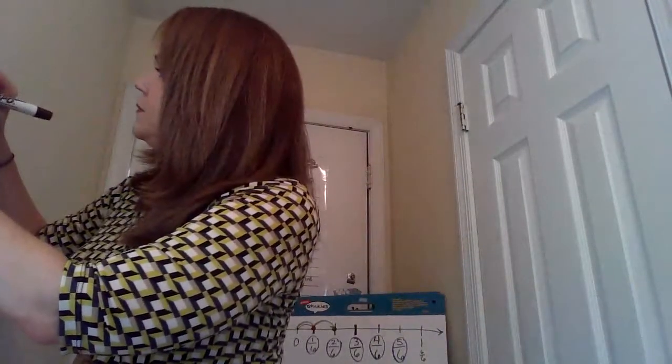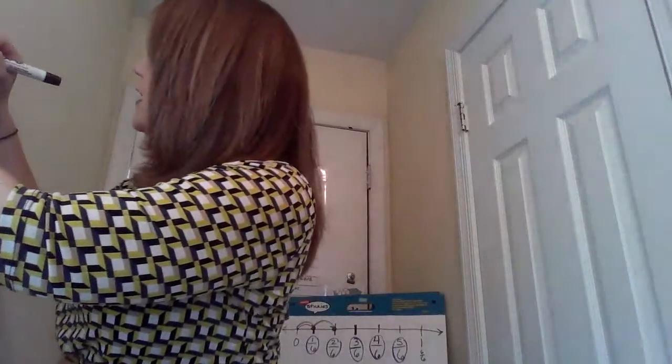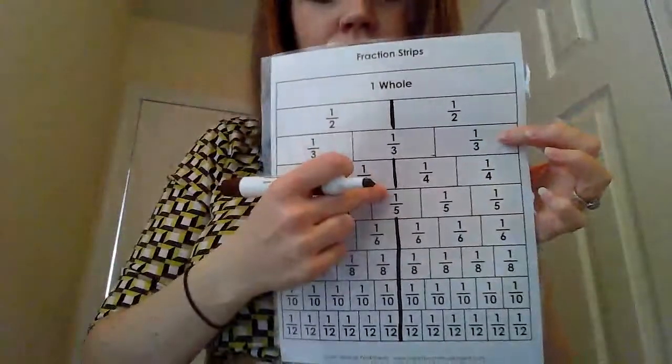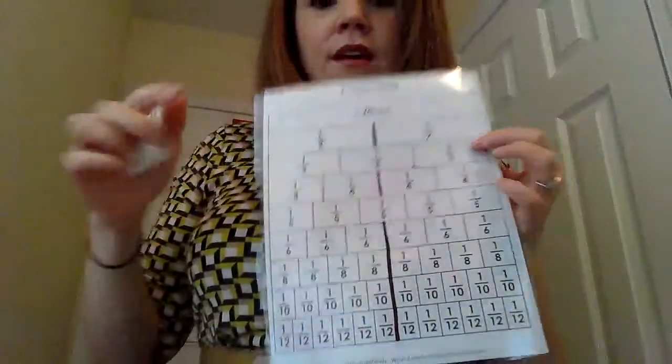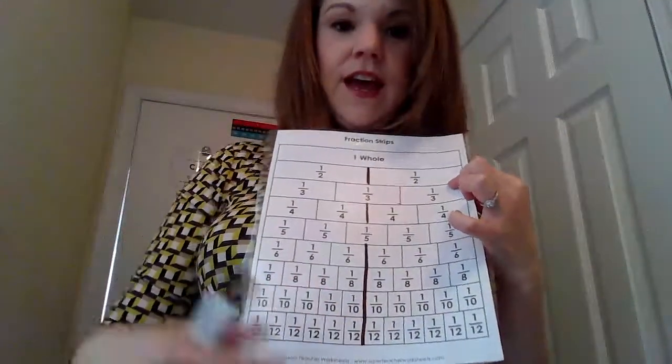So what I say is to take your fraction strip and to draw a line right on the half. Then to continue all the way down and see what matches. So I'm going to say here, here. Oh, there's a lot. Do you see all of these lines that I drew here? Because they're halfway. Half, half, half, and half.